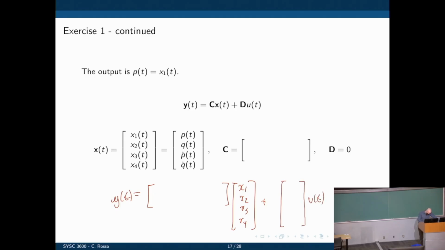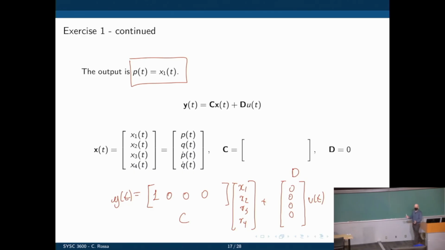The only equation we have is this one that gives us the output. So what goes in C? 1, 0, 0, 0. And in D, we have simply zeros. And if we multiply this out, we just go back to our original equation.